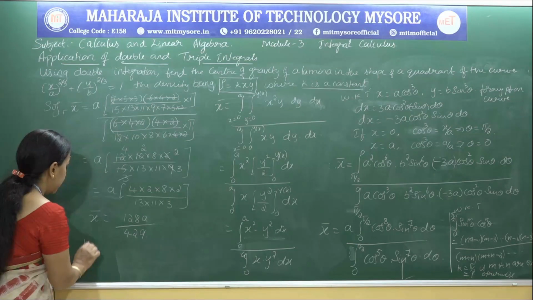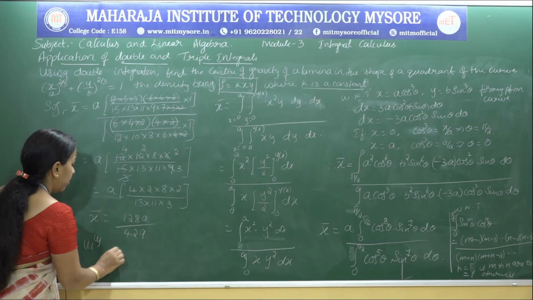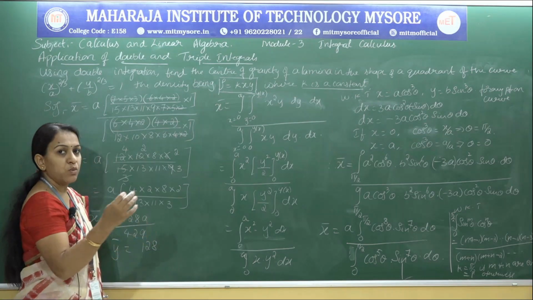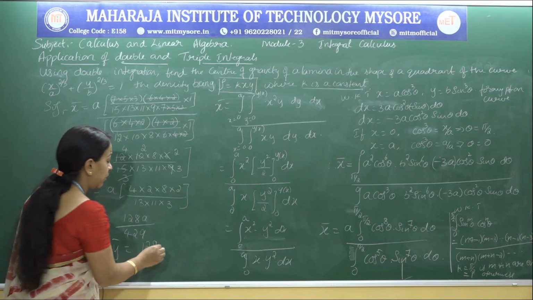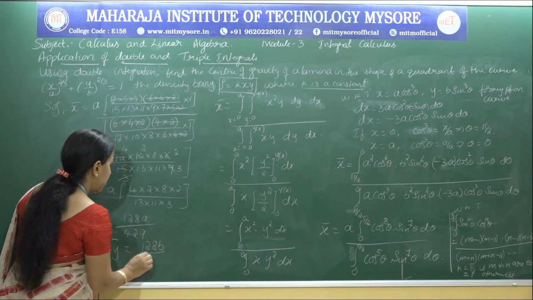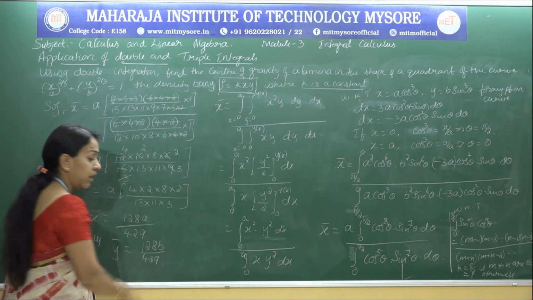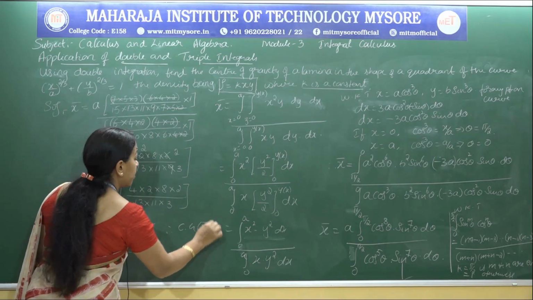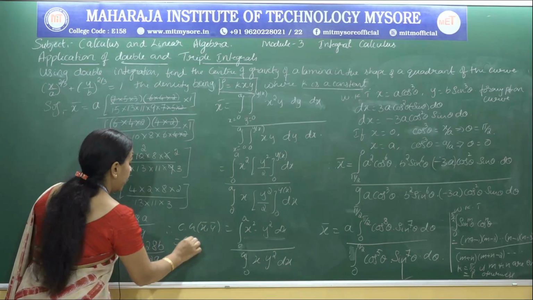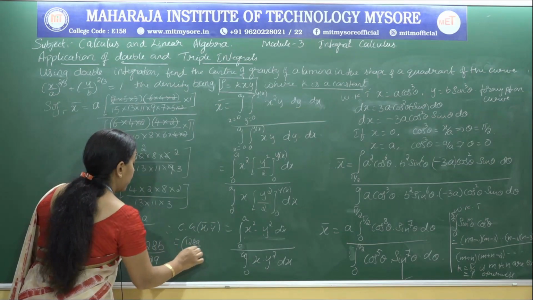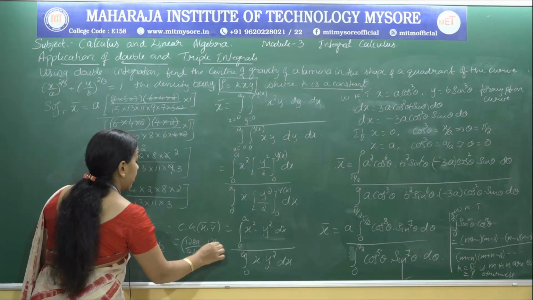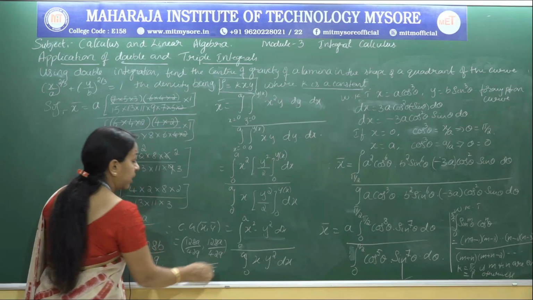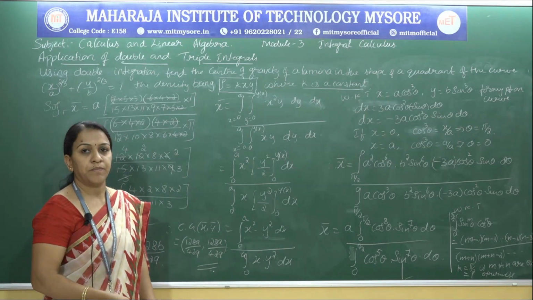Similarly y bar will be equal to 128 times b, because y by b whole power 2 by 3 we have, that is 128b by 429. Therefore, the center of gravity x bar, y bar is given by 128a by 429 comma 128 times b by 429, which is the required result.